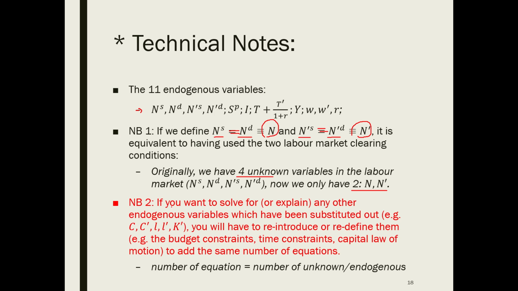Another mathematical note is that if you want to solve for any other unknown variables, which have already been substituted out in previous steps, such as consumption and leisure, then you have to reintroduce them back into the system based on the used conditions, such as budget constraints and time constraints. This is the same algebraic logic underlying equation solving. The number of equations should always be equal to the number of unknown variables in the equation system.